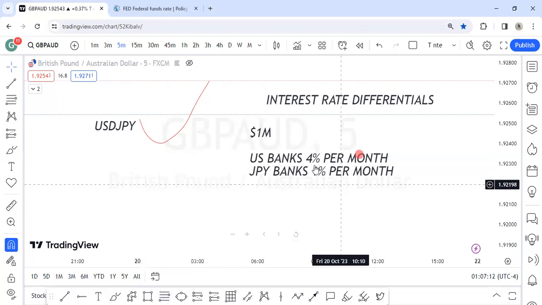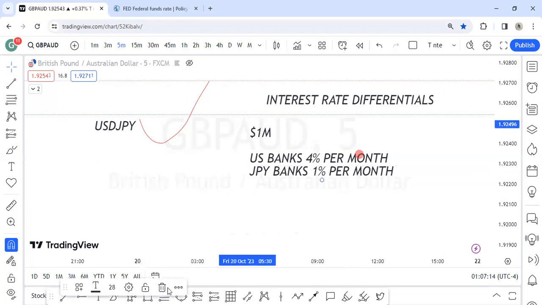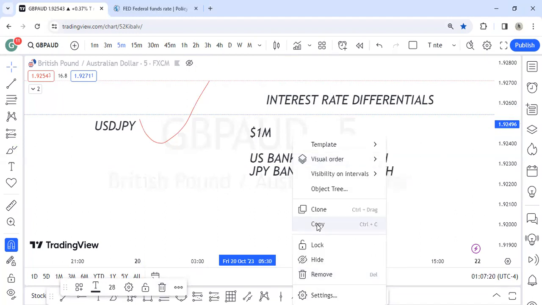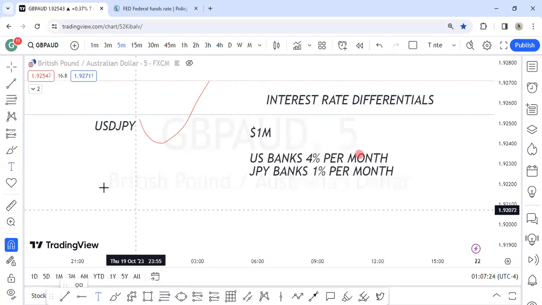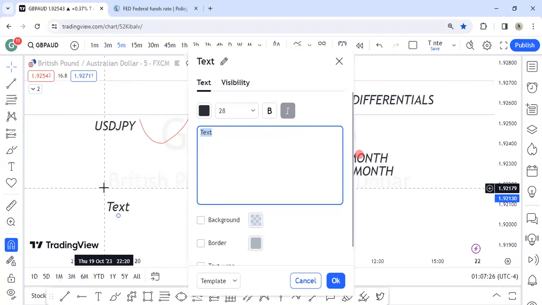So now let us do another example. Let's assume that we have another pair, maybe a pair like this.